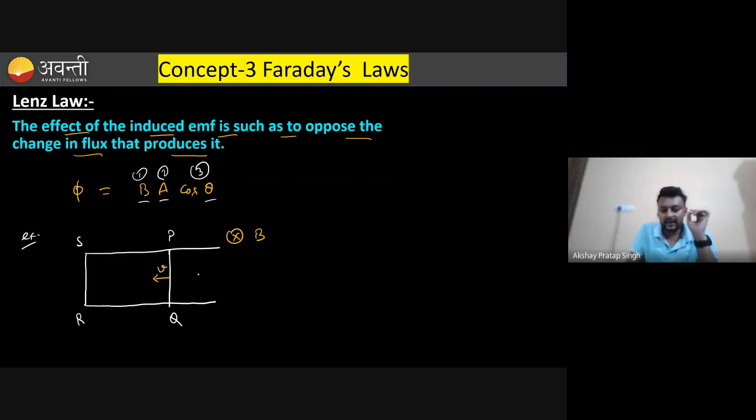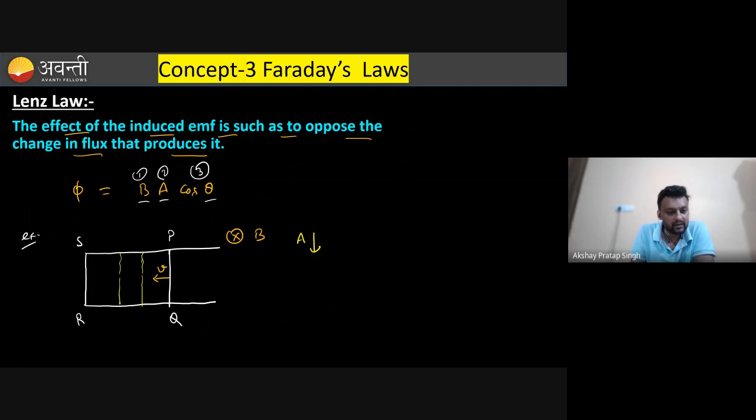If the wire PQ moves, can you see whether the area of the loop PQRS will increase or decrease? If the PQ wire slides down as shown in the diagram, then the area of the loop will increase or decrease? You will say, sir, area will decrease. Definitely decrease. Clear? At some time it will be here, then here.